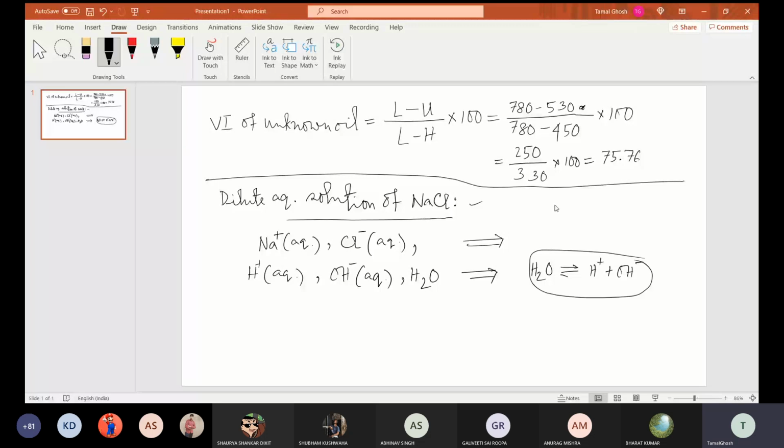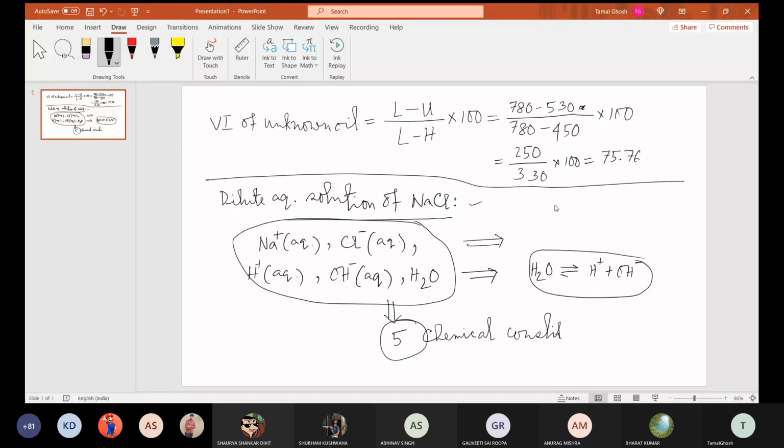So we have all over 5 chemical constituents existing in this given dilute aqueous solution of NaCl. Okay, 5 chemical constituents. So this is your answer.